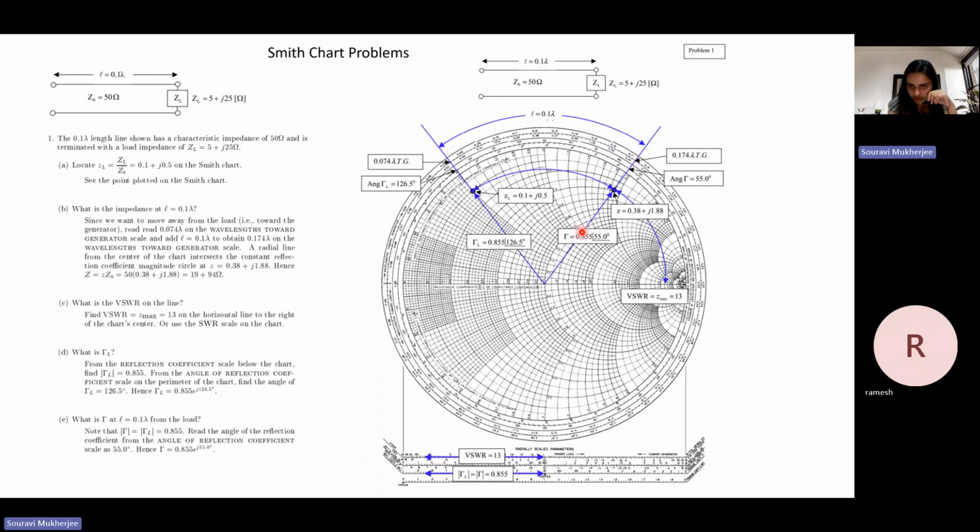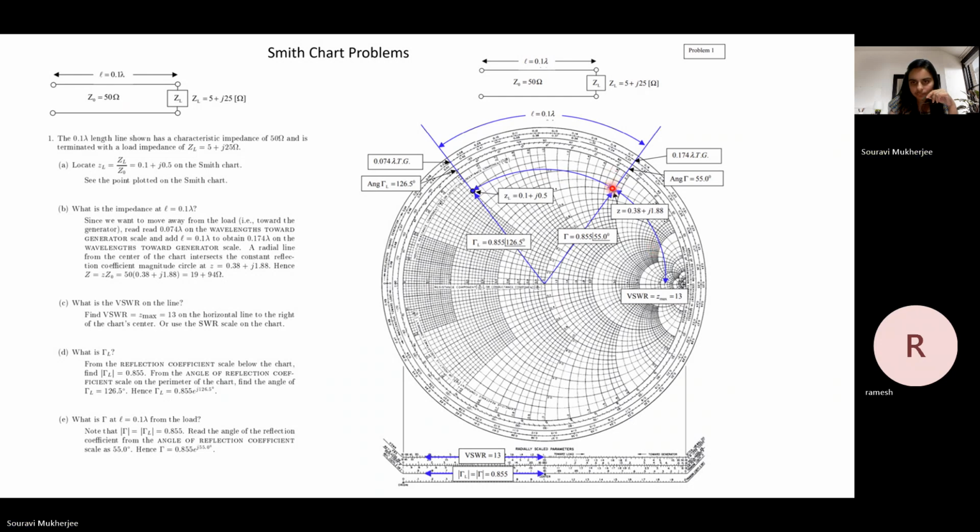Now again, if you draw a line towards the center, this is your line, right? And here, since you have found ZL, you can find this distance and then draw a circle, taking the center as the center and this as your radius. Anything on this circle will correspond to a constant reflection coefficient value.